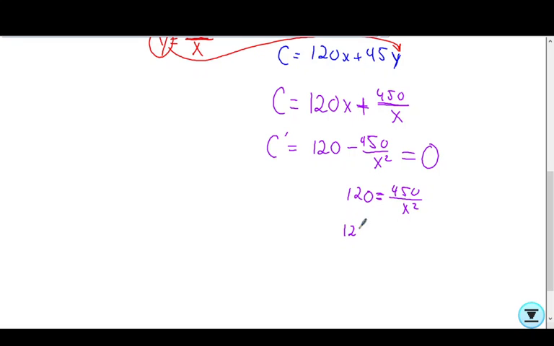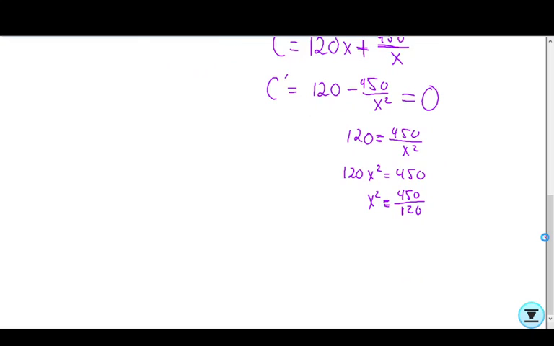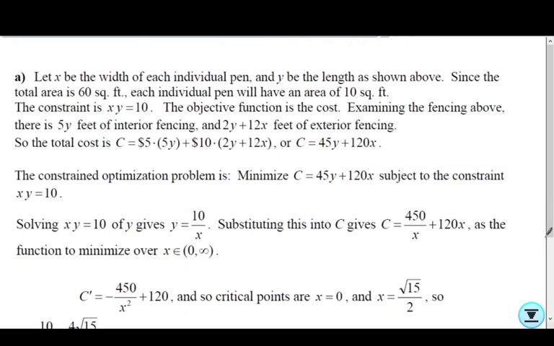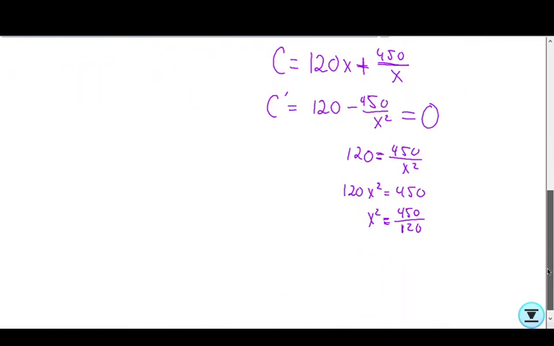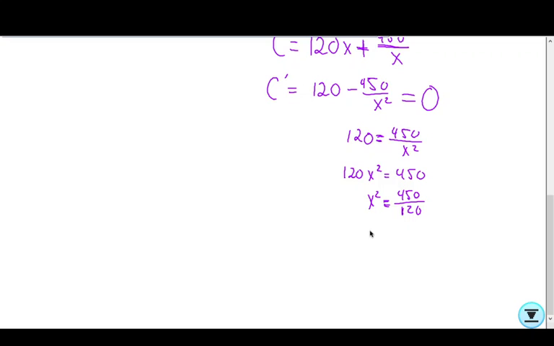Cross multiply, so you get 120 x squared equals 450. So then you get x squared equals 450 over 120. Then we reduce, which gives me x squared equals 15 over 12, divided by 3, 12 divided by 3 is 4, like that.